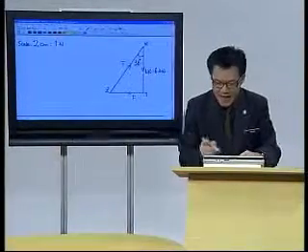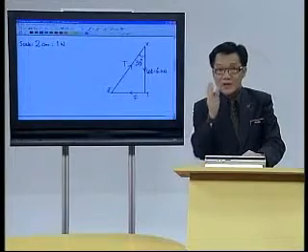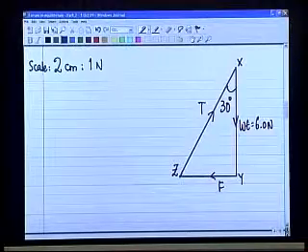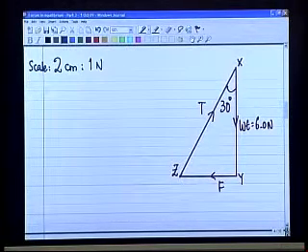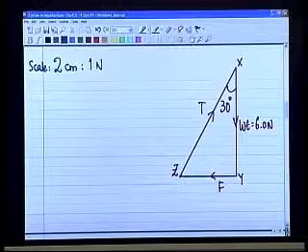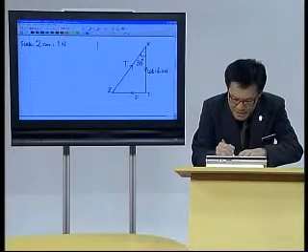So I'm going to start by drawing XY first, because that is the line that I know. It's a vertical line, XY. It is 6 Newtons, which means I need to draw 12 centimeters. So this is an accurate drawing now.